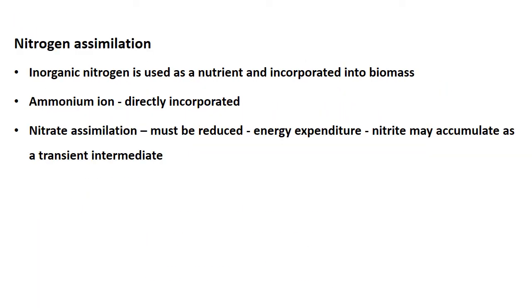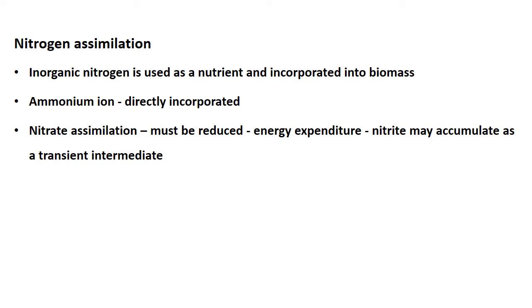Next process in nitrogen cycle is nitrogen assimilation. This occurs when inorganic nitrogen is used as a nutrient and gets incorporated into biomass. Ammonium ion can be directly incorporated without any major energy cost, but when nitrate is assimilated, high energy requirements are there.